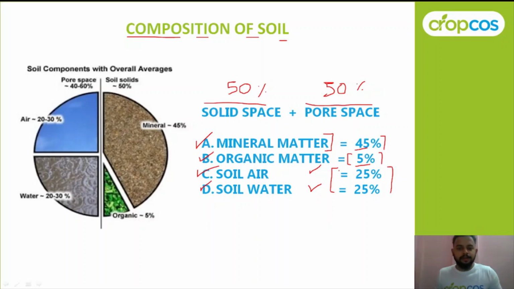So both of them are in a seesaw relationship. ठीक है. And in ideal condition generally दोनों equally present हैं. Okay, so basically an optimum amount of both soil air and water is required for proper crop growth and development.